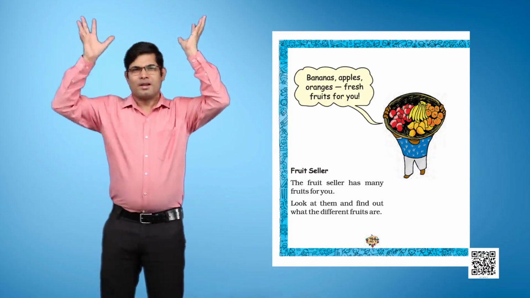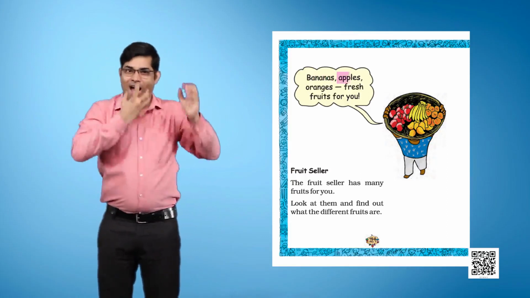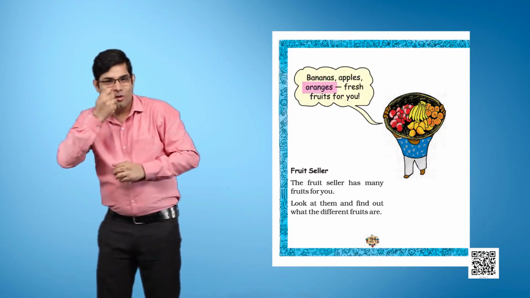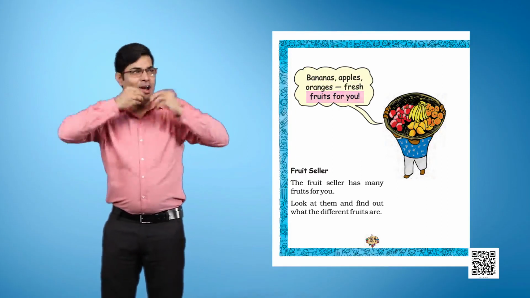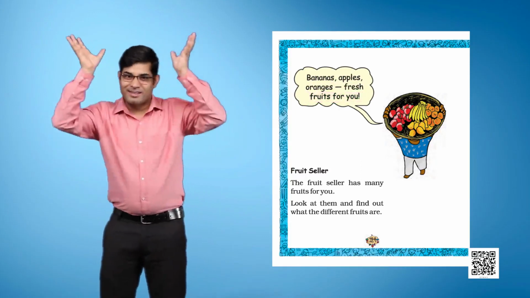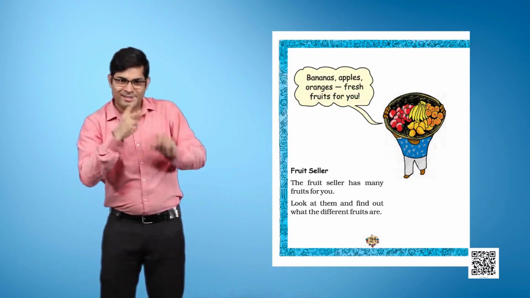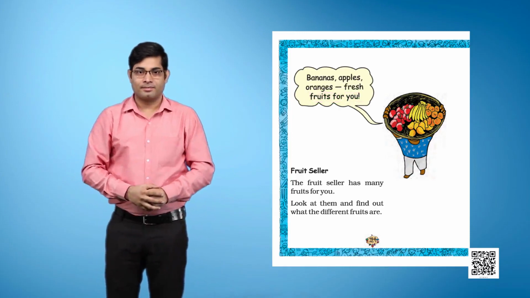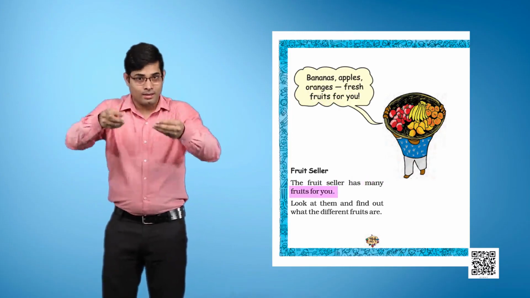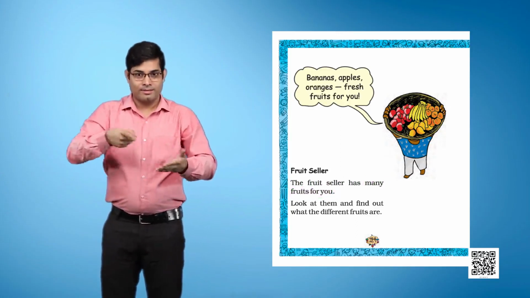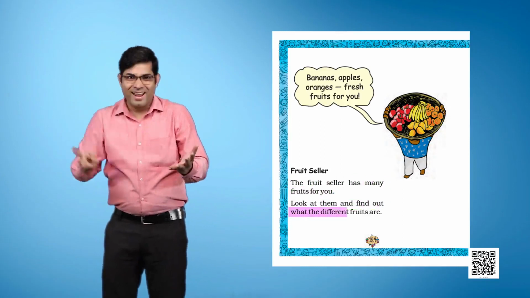He is calling people by saying, bananas, apples, oranges, fresh fruits for you. On the left side, the text reads as, the fruit seller has many fruits for you. Look at them and find out what the different fruits are.